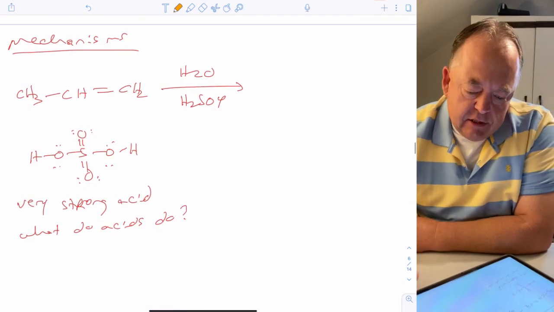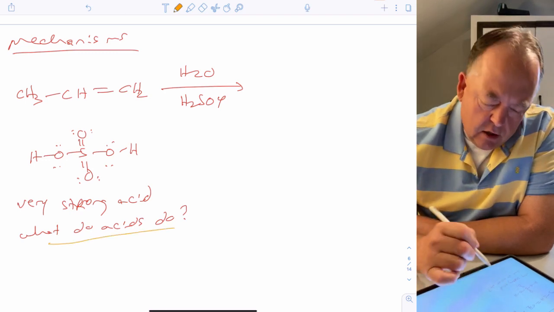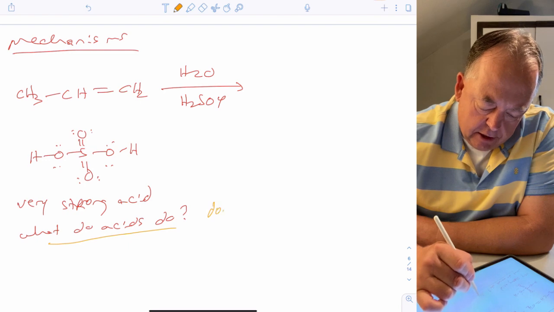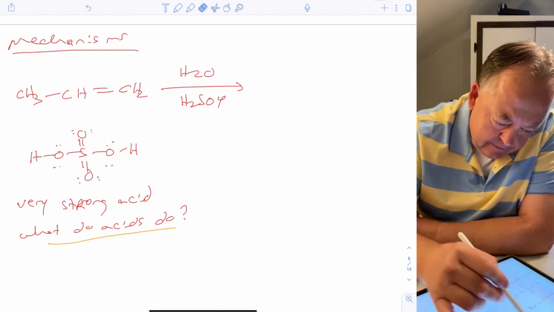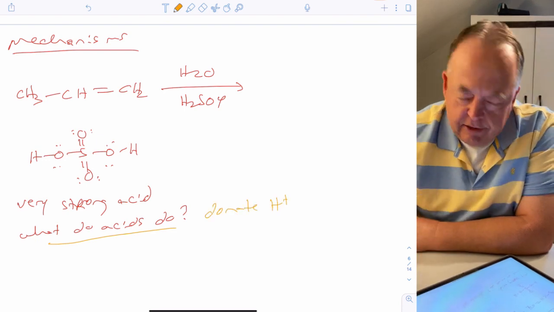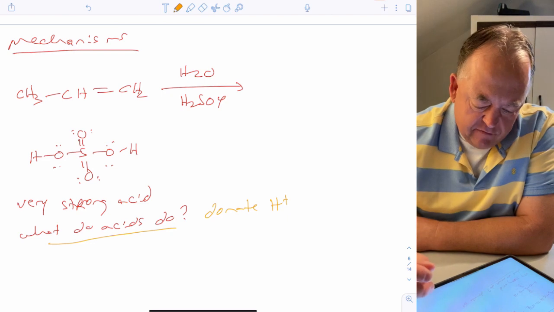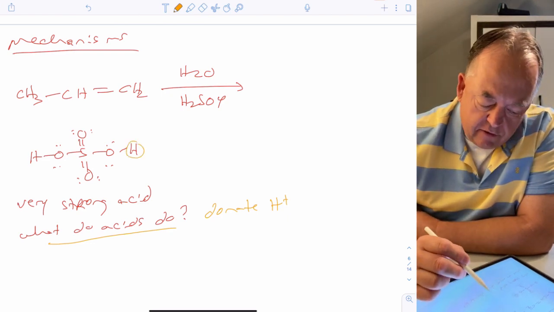So if we look at the mechanism for these 3 reactions, so sulfuric acid is a strong acid. What acids do is they donate H plus, right? That's the definition of a Bronsted-Lowry acid, donates hydrogen. So those hydrogens are very acidic.